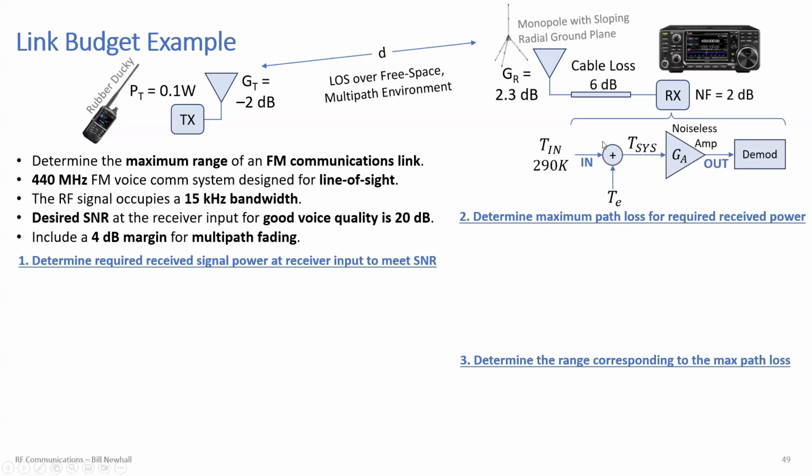So I'm going to use this model where the receiver is equivalent to a noiseless amplifier with input noise from the antenna and an equivalent noise temperature, and its output goes to a demodulator, and that's where we want this signal to noise ratio to be 20 dB. So let's start with step 1. Step 1 says the received noise factor is 10 to the power of NF over 10, right?